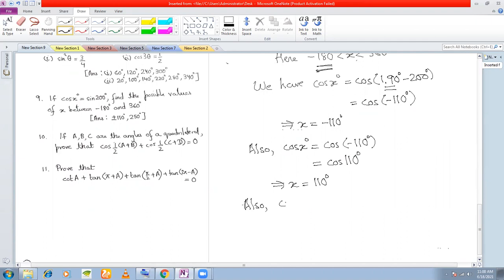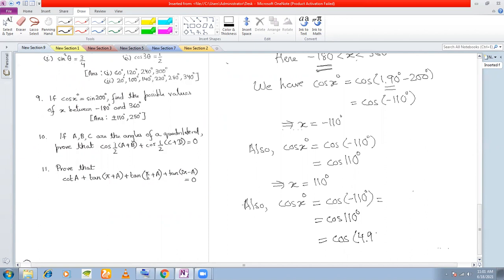Also, cos x degree is equal to cos 110 degree, which is negative. And cos is also positive in the fourth quadrant, so we'll get a solution in the fourth quadrant also.